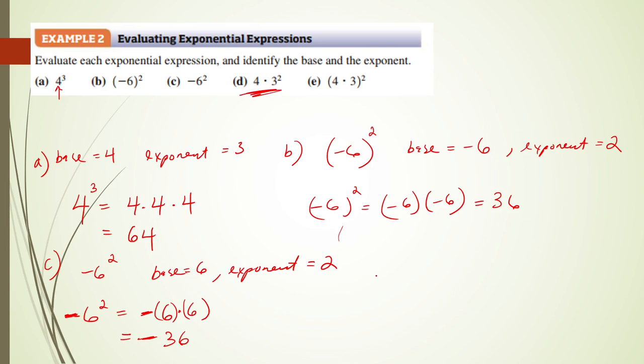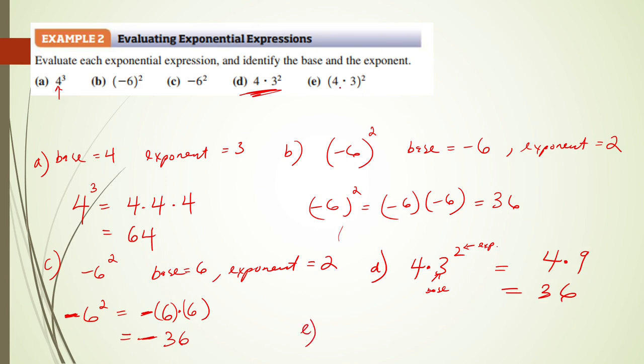Part D, we have 4 times 3 squared. In this case, the base would be the 3. This is going to be my base, and the 2 is the exponent. So 3 squared, that's 3 times 3, so it's 9. So we have 4 times 9, and that reduces to 36.